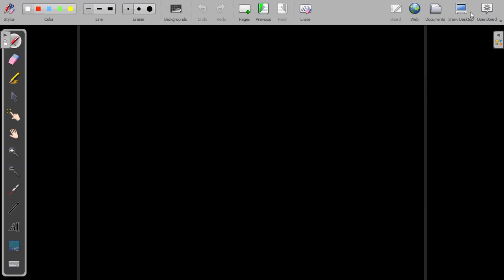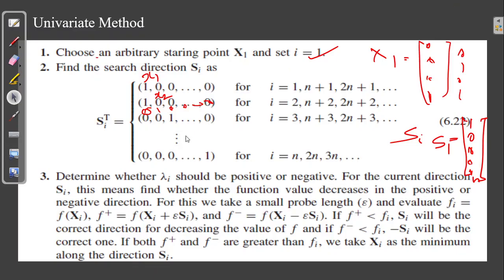This is for I equal to 1, 2, 3, etc., up to I equal to n. If we are not getting the optimum value for the function f of x, then we will again iterate, or we will increase the iteration number, that is I equal to n plus 1.